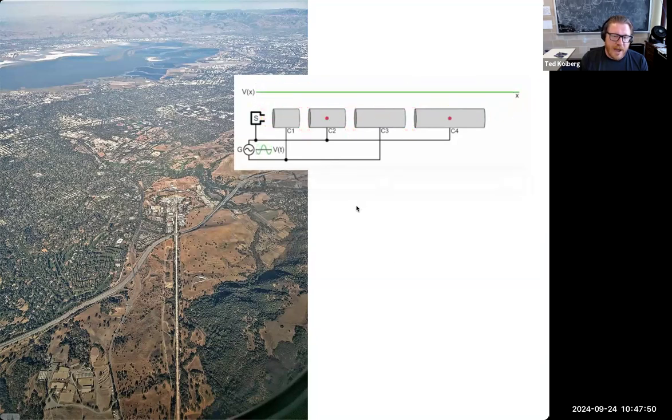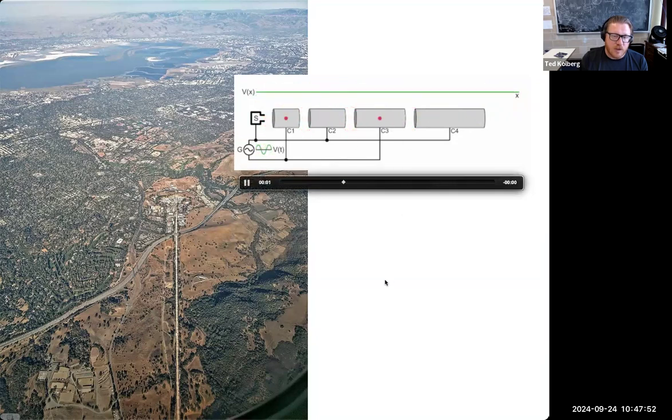And the goal is to match the length of these elements to the expected energy of the electron, such that as an electron leaves, for example, C1 and goes into C2, it does so just at the moment that the electric field between C1 and C2 has its maximum amplitude pointing along the direction from C1 to C2. And then by the time I get to C3, we've gone through one half cycle of the voltage source, and now the electric field is pointing from C2 to C3.